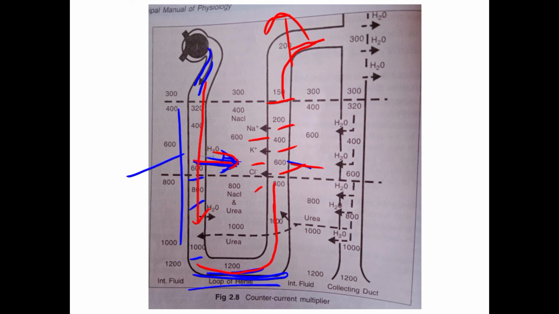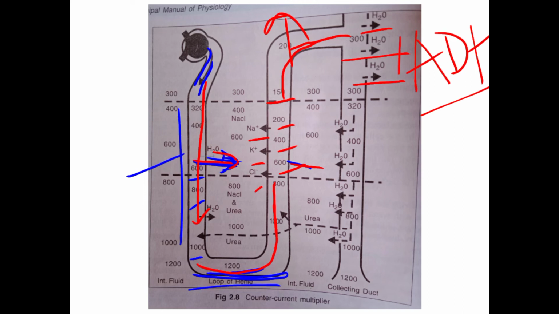But when it reaches the collecting duct, by the action of ADH, antidiuretic hormone, water channels are incorporated in the collecting duct, so the water gets reabsorbed back into the interstitium and makes it hyperosmolar.